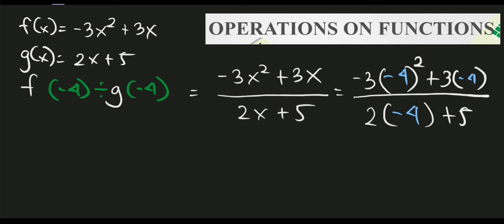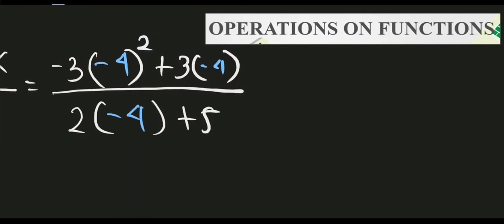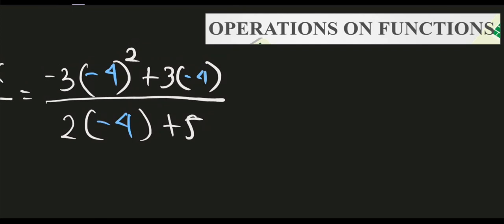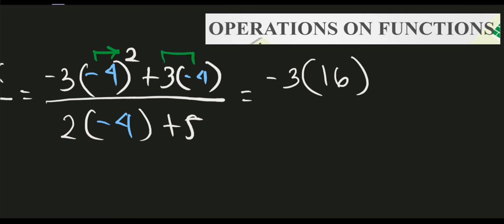Let's simplify each term, then divide and determine the possible value of our quotient. Negative 4 squared is 16, so negative 3 times 16 is equal to negative 48. And 3 times negative 4 is negative 12. That is for our numerator.